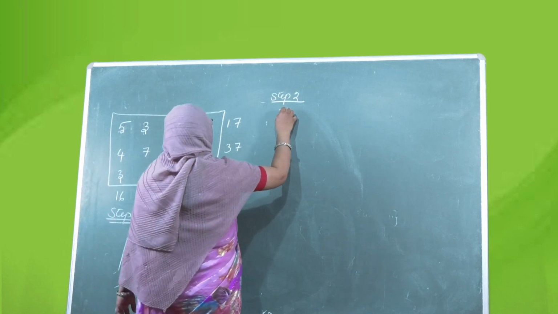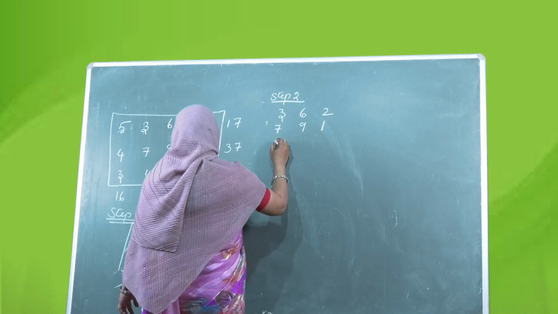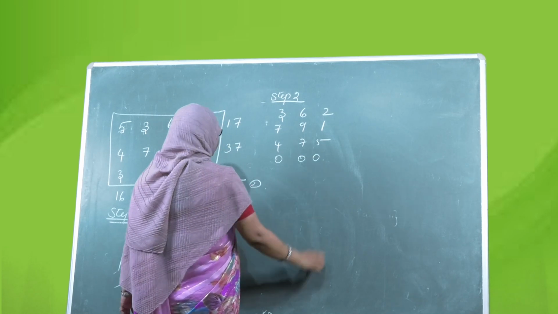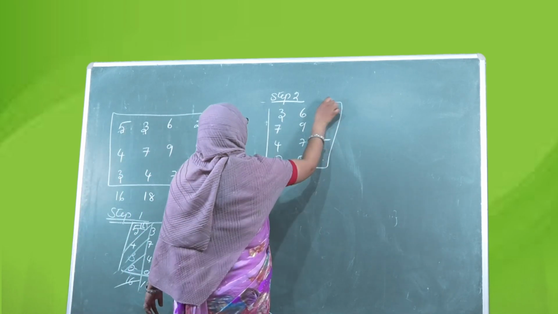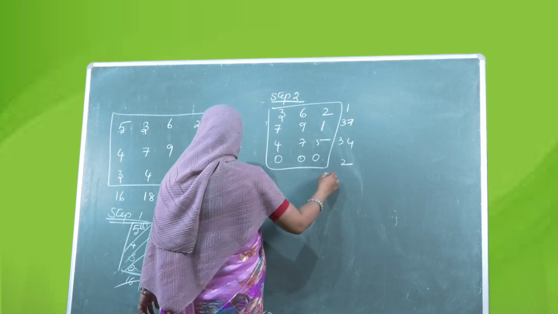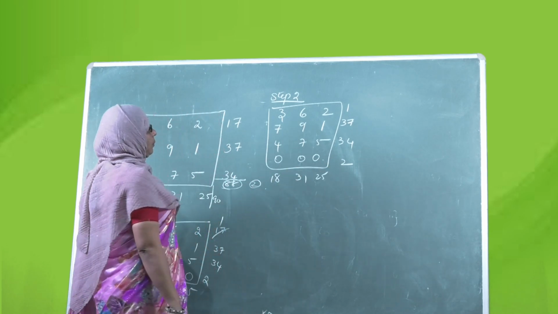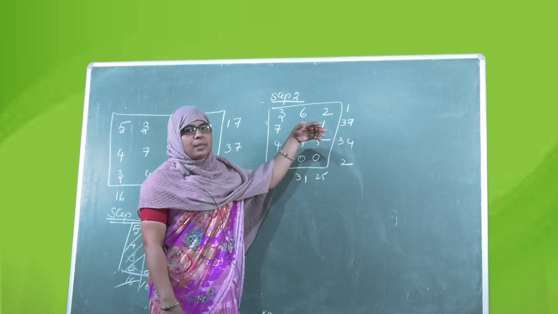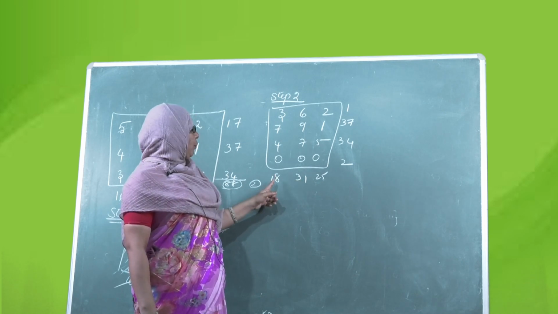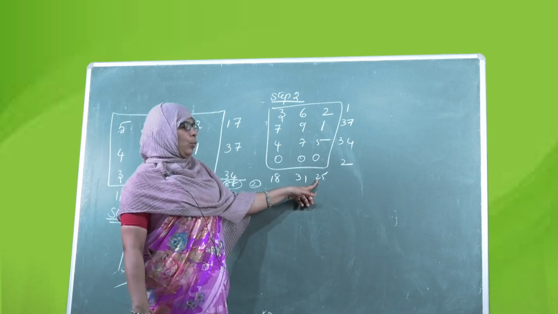Step 2: 3, 6, 2, 7, 9, 1, 4, 7, 5, 0, 0, 0. So 1, 37, 34, 2, and 18, 31, 25. Simultaneously, you have to check whether the problem is balanced or unbalanced. So 18 plus 31, 49, 49 plus 25, 74.